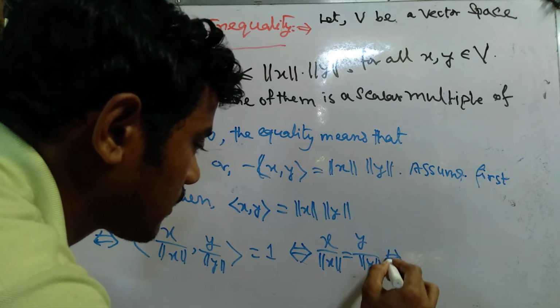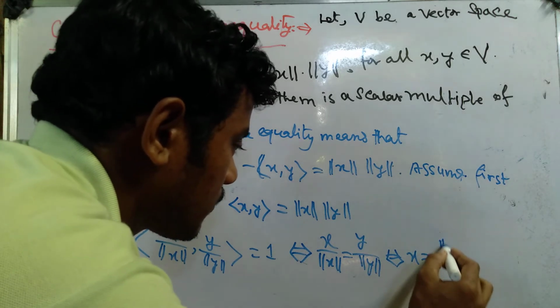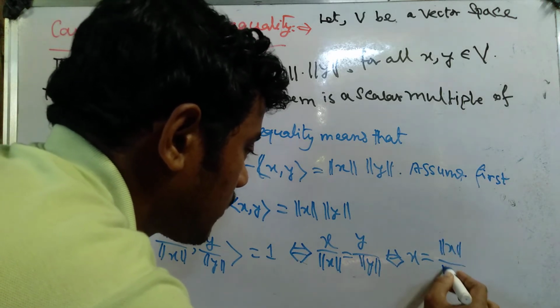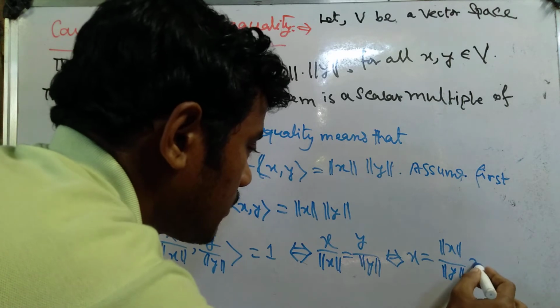This implies x equals norm x over norm y times y.